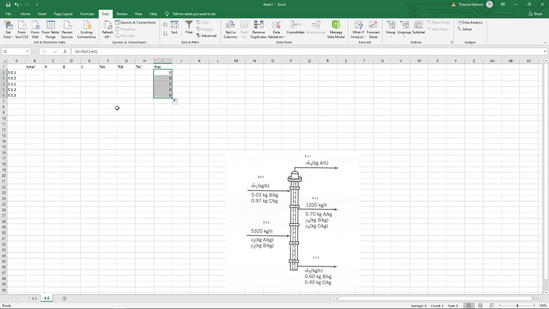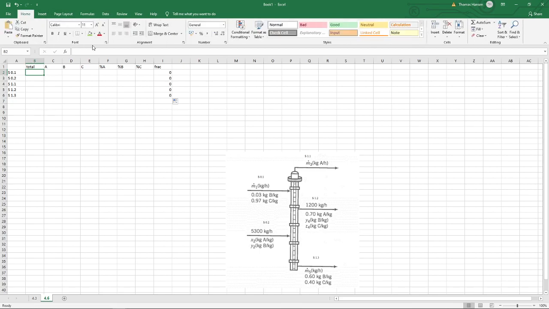There we go. Okay, what information are we being given? We don't know this one, so I'll just get my orange color. That one we don't know. We actually know that for B we have 3%, for C we have 97%.